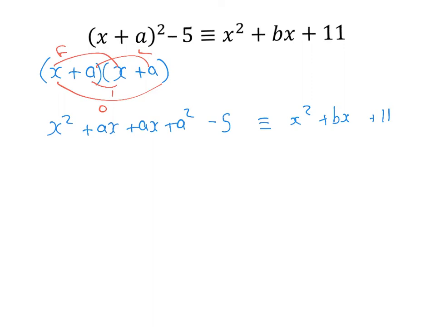Now we can simplify the left-hand side. We've got x squared plus 2ax, so ax plus ax is 2ax, plus a squared minus 5, and that must be the same as x squared plus bx plus 11.